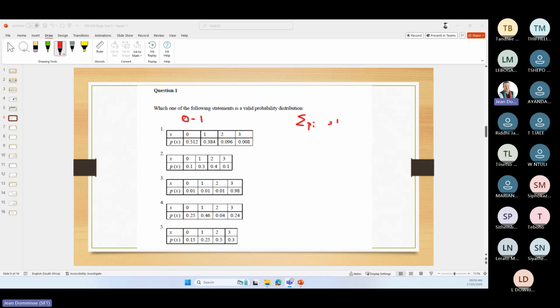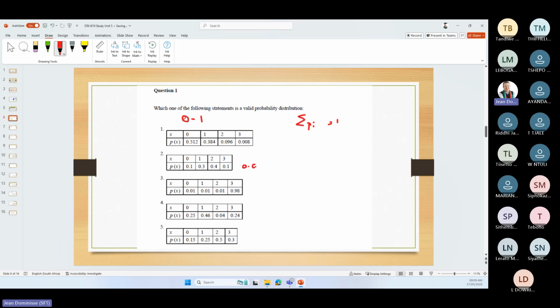Okay, so we need to look at it, and for this one specifically, we want to see which ones add up to 1. Easier one for me is to look at this one. 0.1 plus 0.3 is 0.4, plus that is 0.8, plus that is 0.9.